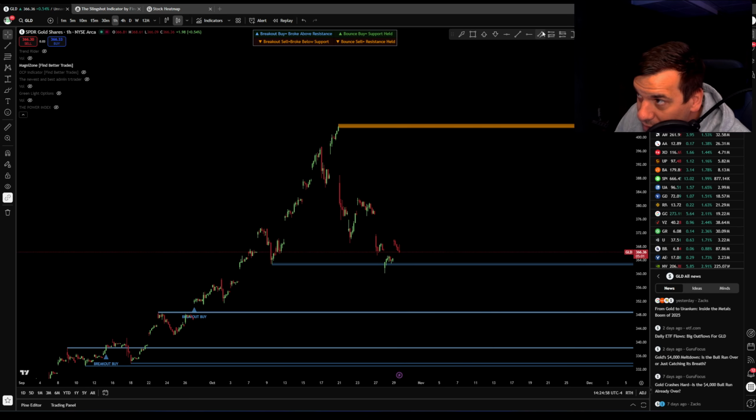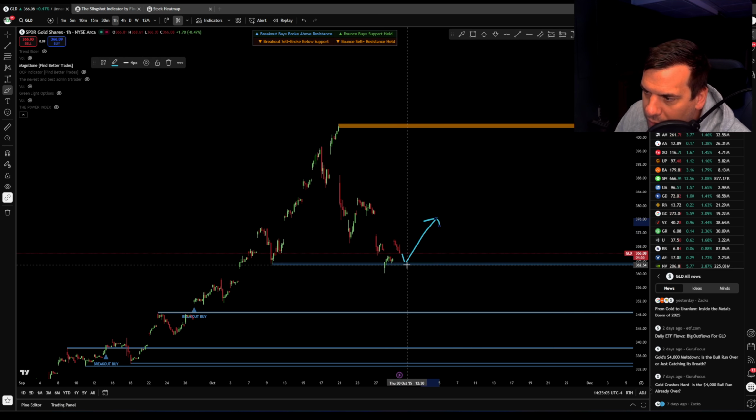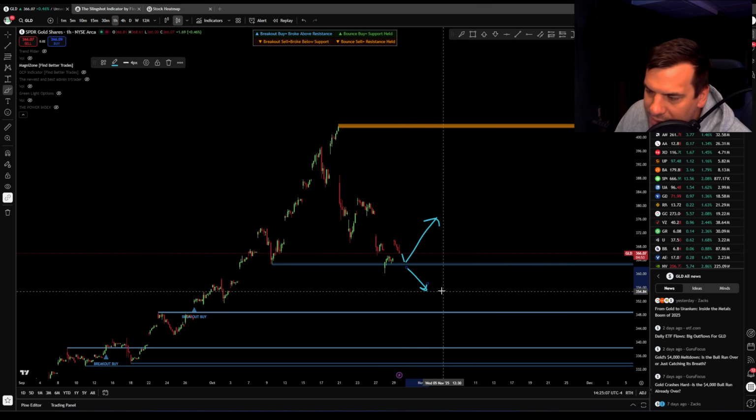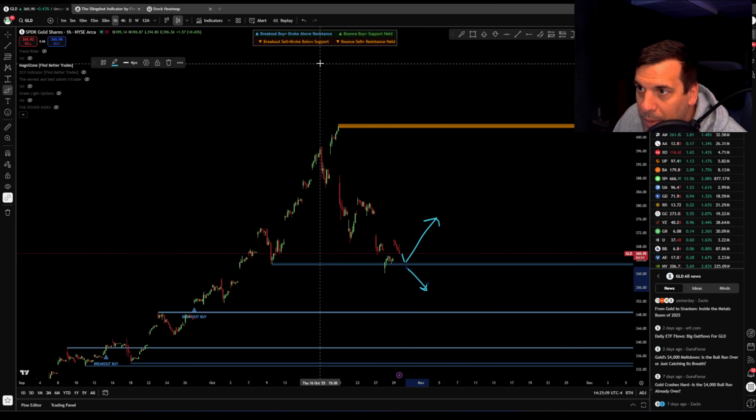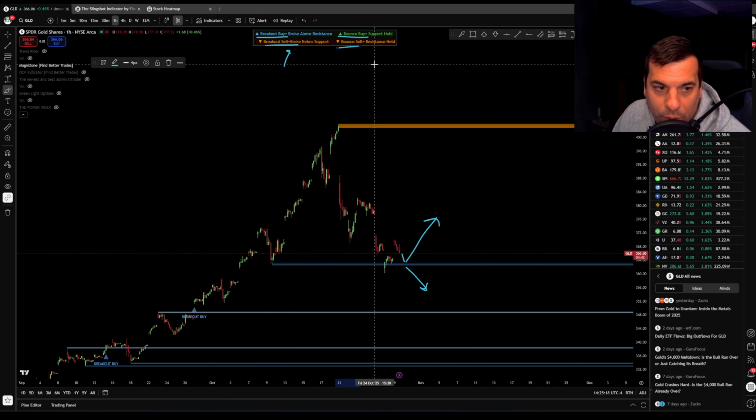Right here, we could either get a bounce up, or if it does break down, we'll get a breakout sell. So there are four different positions: a breakout buy, a breakout sell, a bounce buy, or a bounce sell.